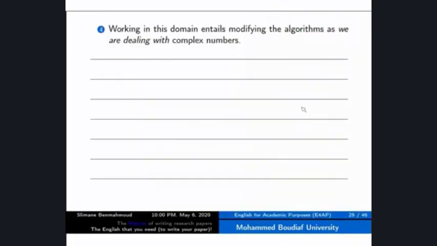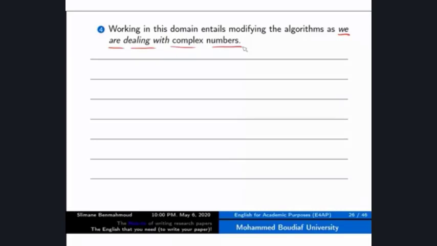Well, another example. Working in this domain entails modifying the algorithms as we are dealing with complex numbers. I'm going to give you time to think of this. Okay, the key information here, we are dealing with complex numbers, is given at the end of the sentence, which should not be the case.